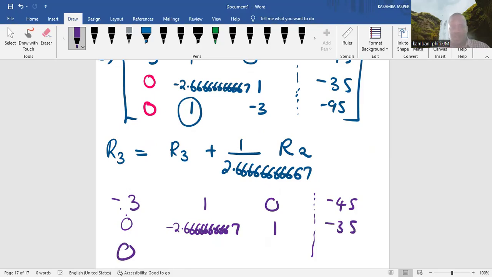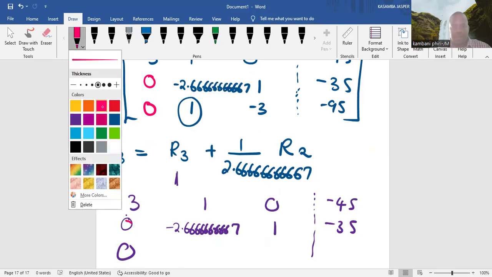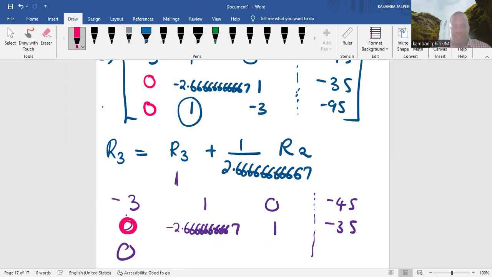Here there is 0. So this part now will change, because if you put 1 here, then you put negative 2.666 all the way up to 7, the answer will be 0. So let me maintain this because that's our interest. We get 0 here, 0 here, and eventually here this one will be 0.